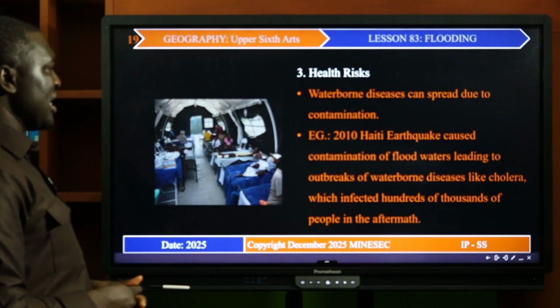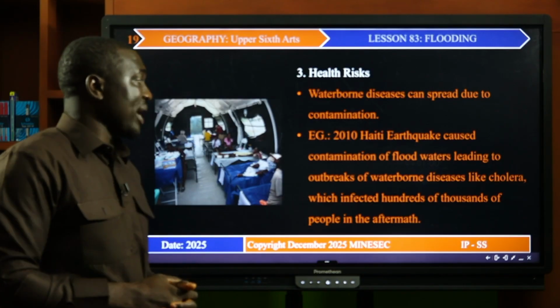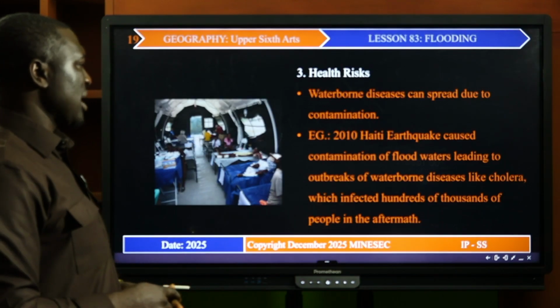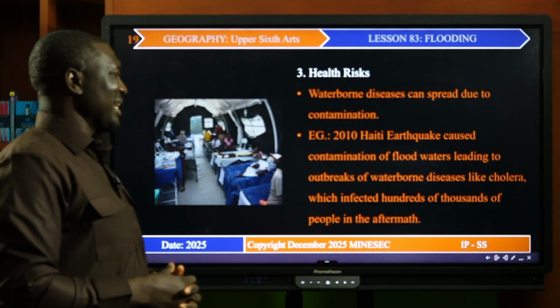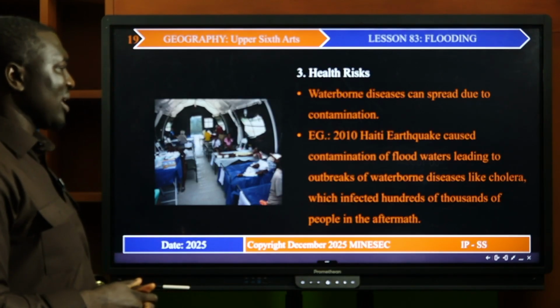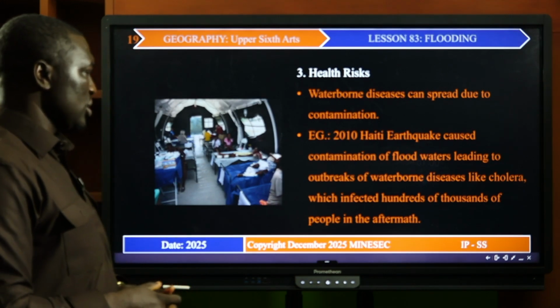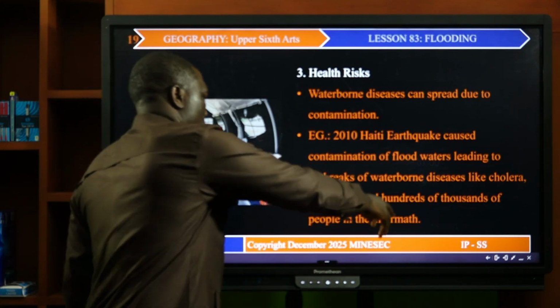In 2010 in Haiti, there was the Haiti earthquake, with contamination of water that led to the outbreak of waterborne diseases like cholera, which infected hundreds of thousands of people around the area.